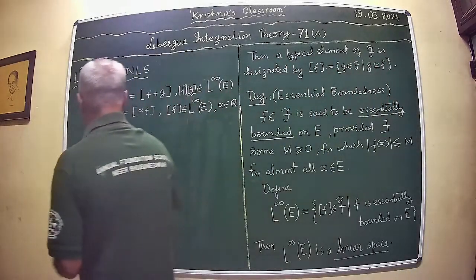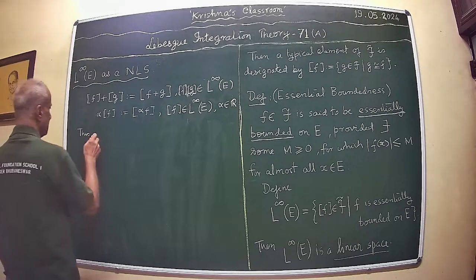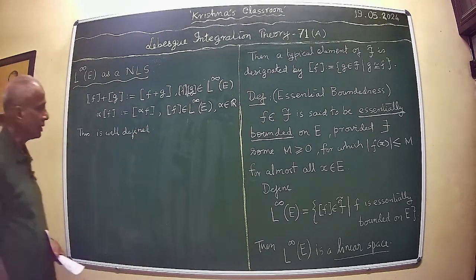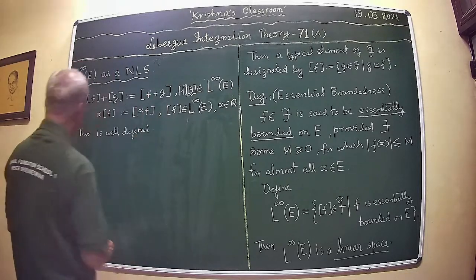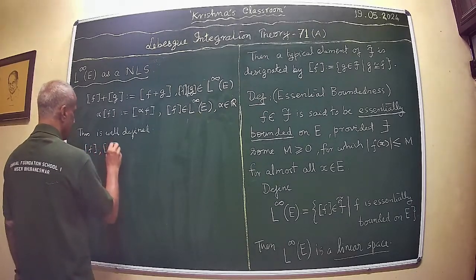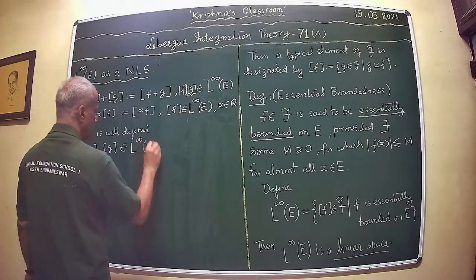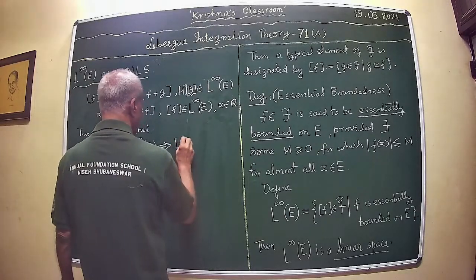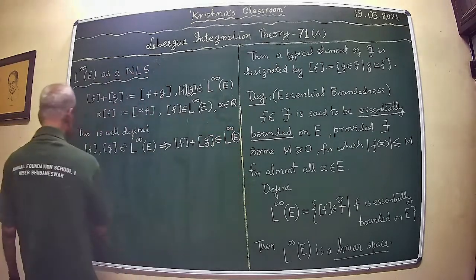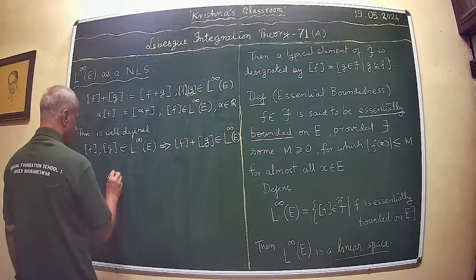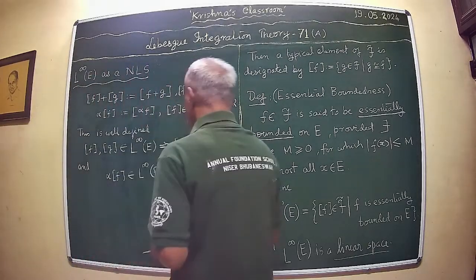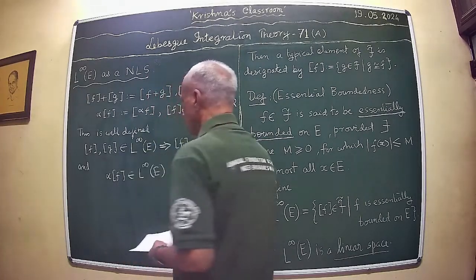That's how it is defined. Now you can show that this is well defined, and then for every alpha belonging to R. Now therefore this is a linear space.